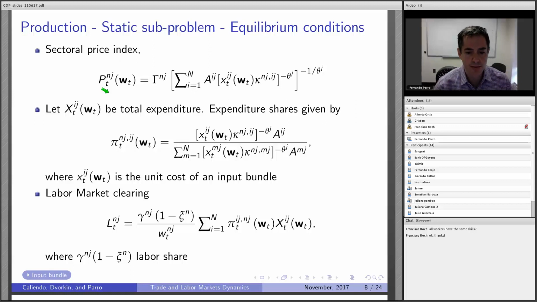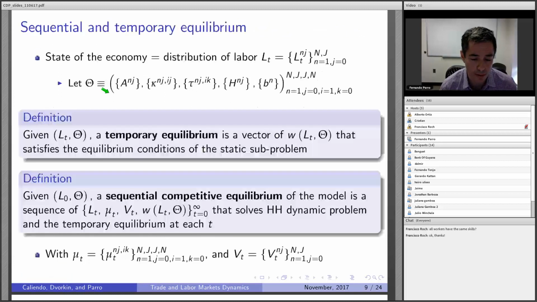The denominator is a standard multilateral resistance term, and theta J is the trade cost elasticity, which also needs to be imputed in the model. And the last equation is just the labor market clearing condition. So supply has to be equal to demand, and therefore we can find wages such that the labor market clears.